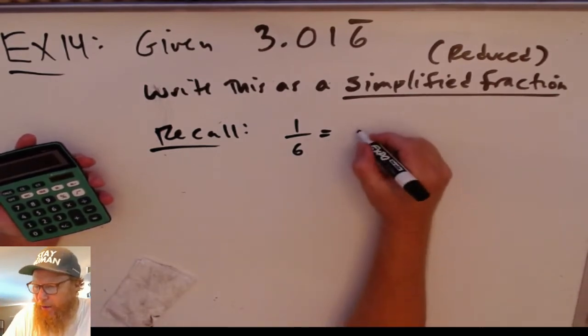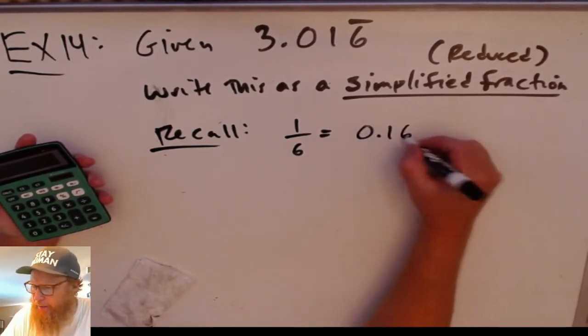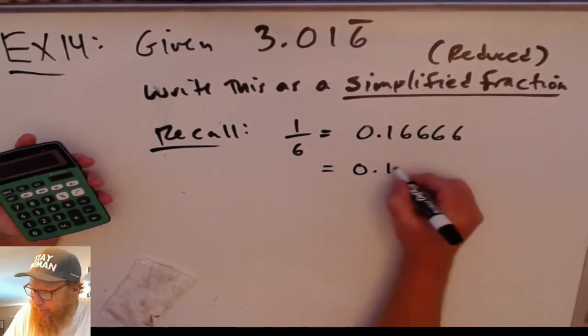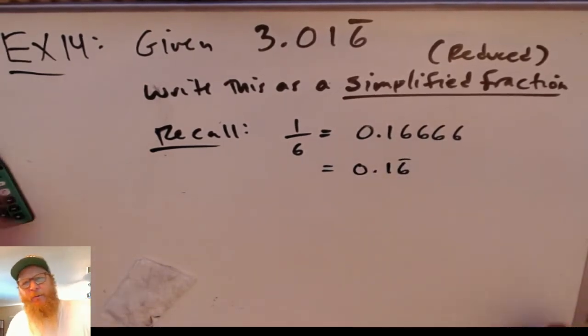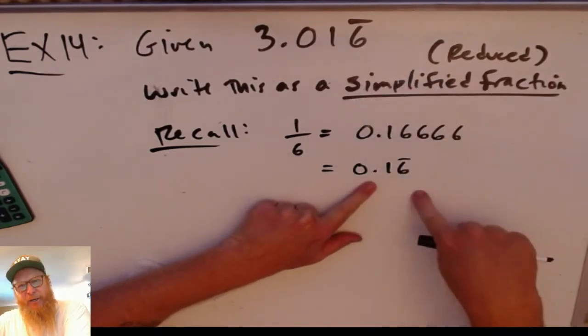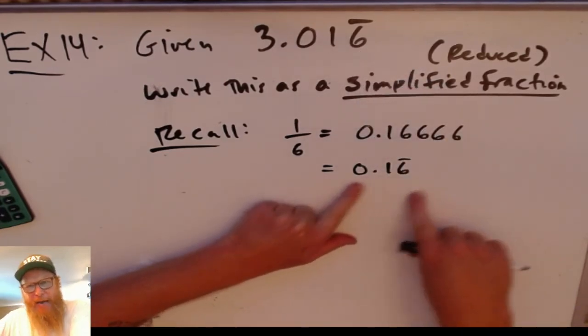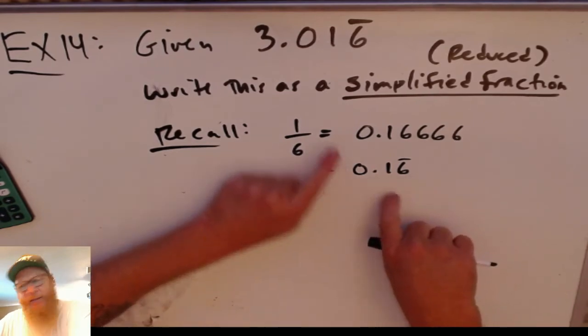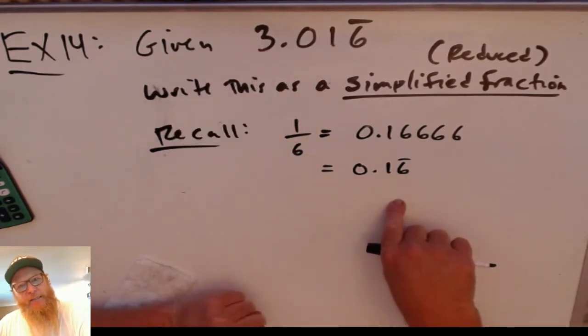So we know that 1/6 was 0.1666666. Okay, so we sort of have a match here, right? But now we want to move the decimal over to the left one place.